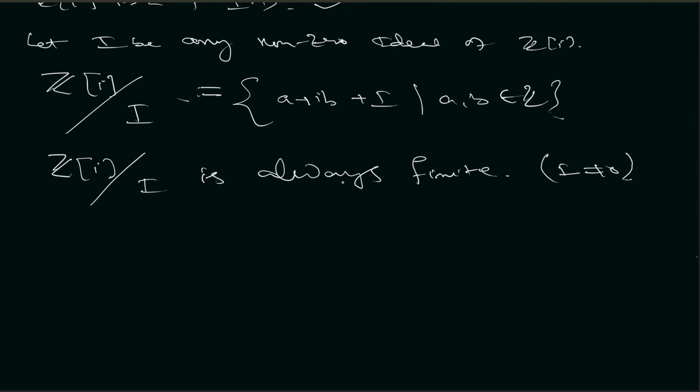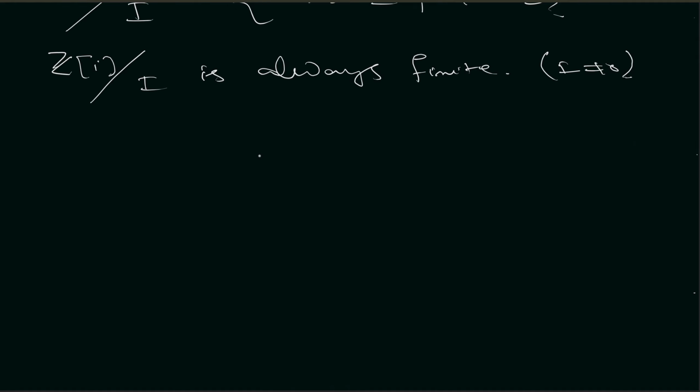So how can you show that? Proof. This kind of question might be asked. Okay, this is an important question: Z[i] is infinite, I is a non-zero ideal, so how can you show that the quotient is always going to be a finite set?